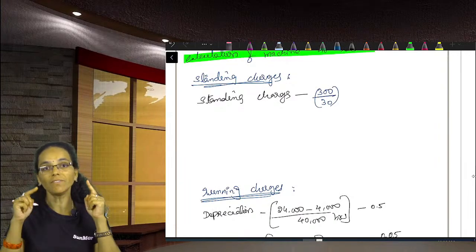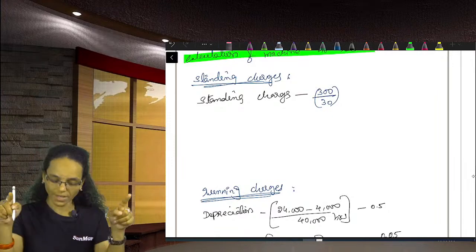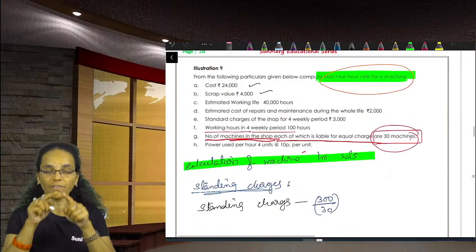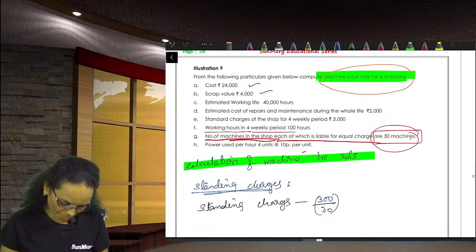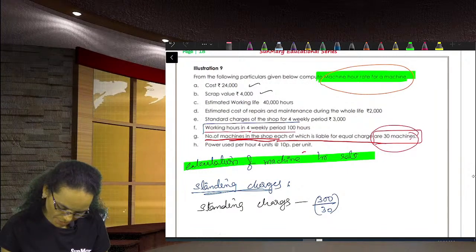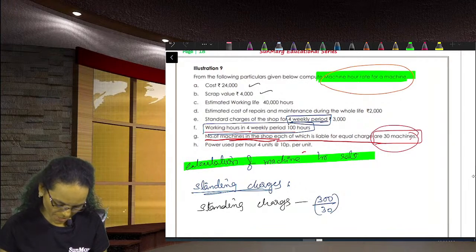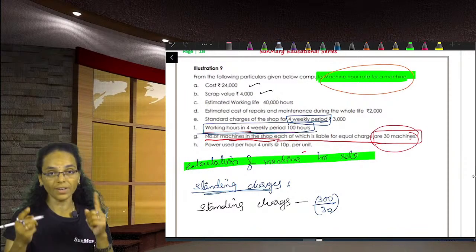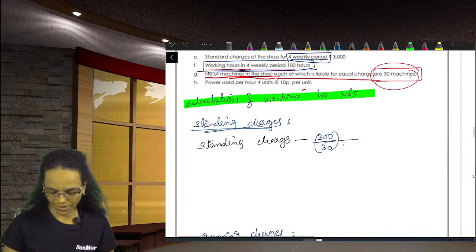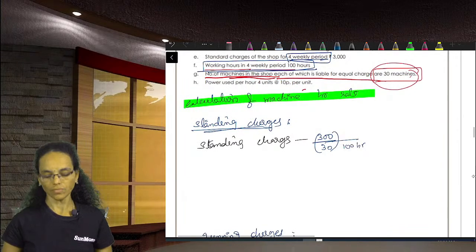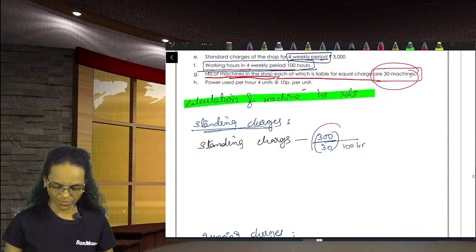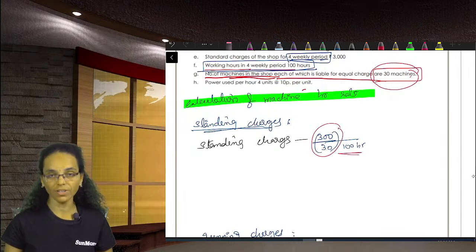But one machine is running for how many hours? In a period, working hours in 4-week period, 4-weekly period, 100 hours. So it is running for 100 hours. This cost is for one machine, and one machine is running for 100 hours.